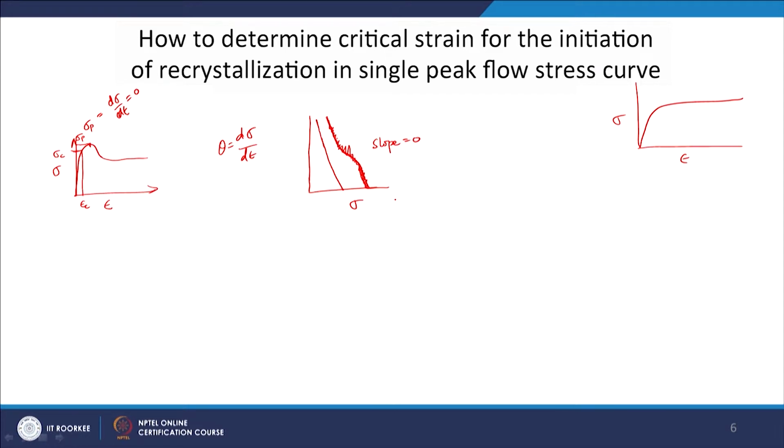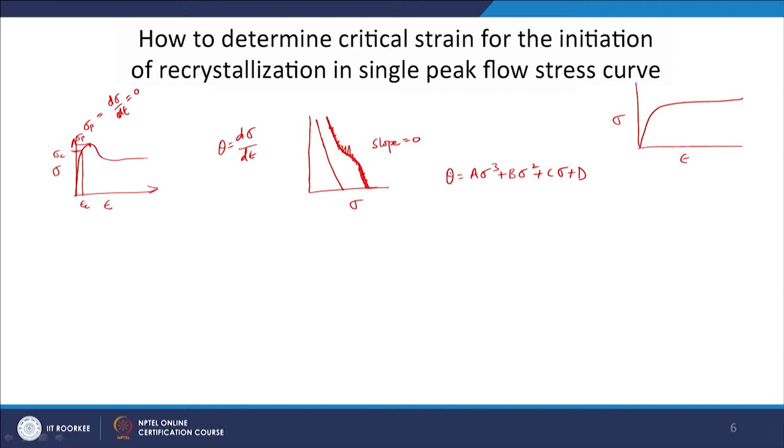For example, in this case for plotting this particular curve, we have taken a polynomial equation of third order, so a cubic equation basically. It will have some relationship like this, with sigma cube, and a, b, c, d are constants of the material.